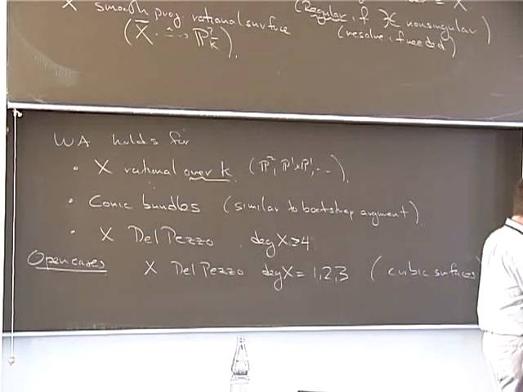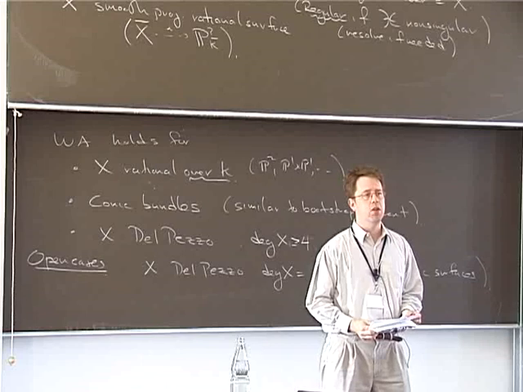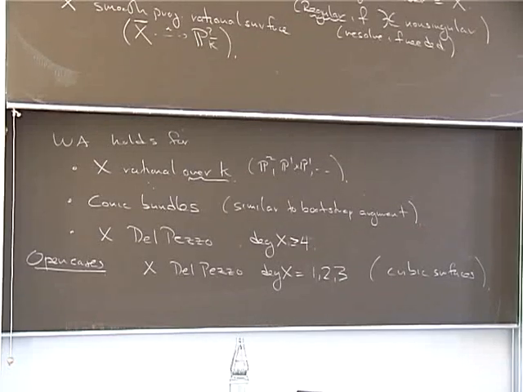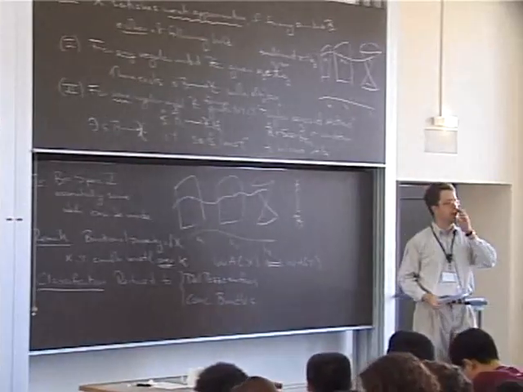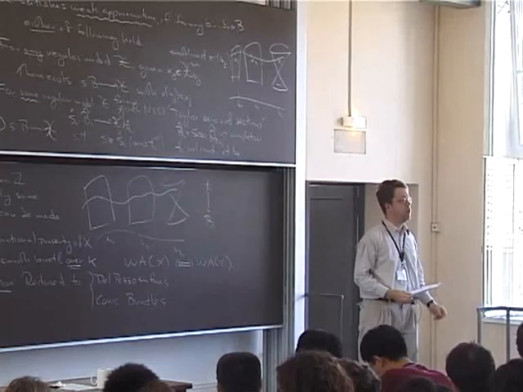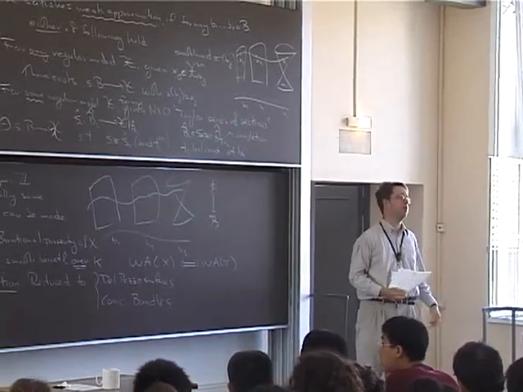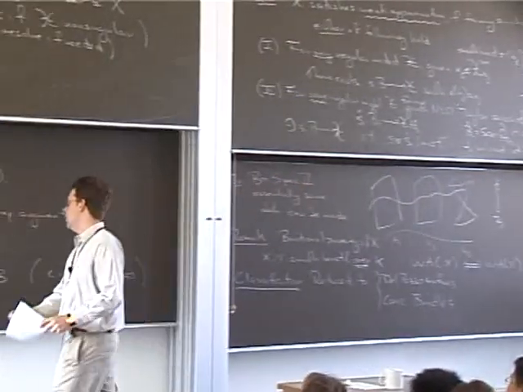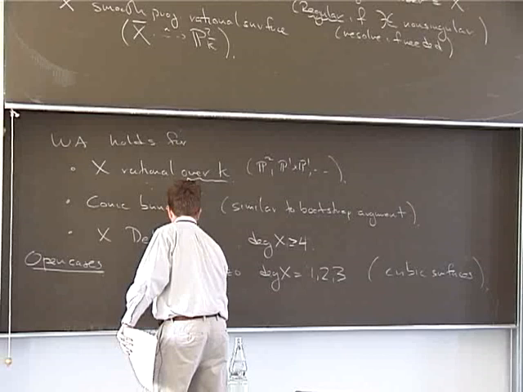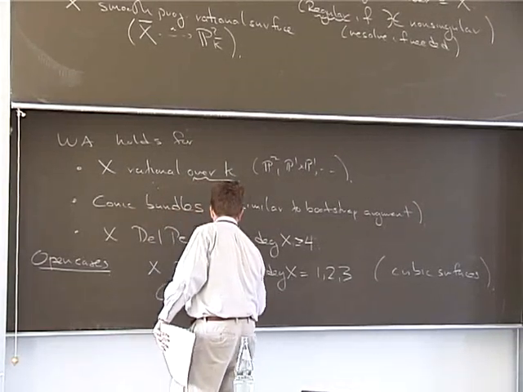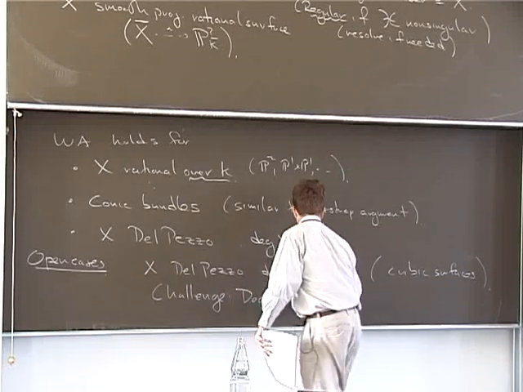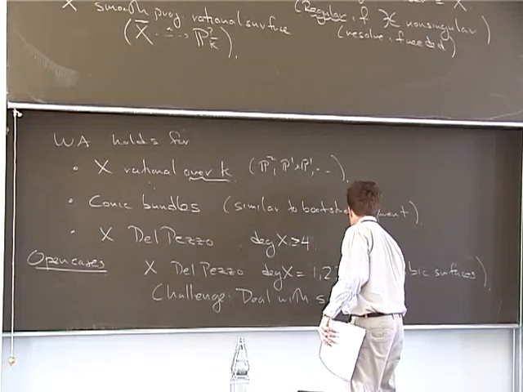So let me talk in very general terms about what makes it tricky. Well, these singularities here, these singular fibers, Del Pezzo surfaces with rational double points, with canonical singularities, they cause a lot of problems in our analysis. The real challenge here is to deal with the singularities in the fibers.